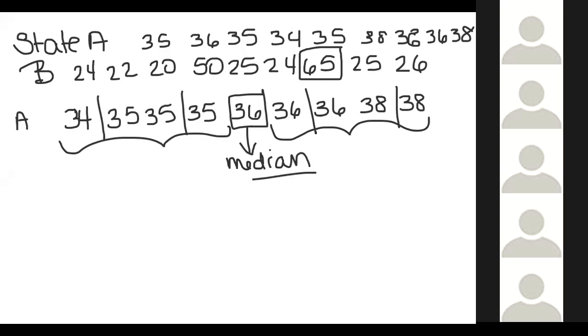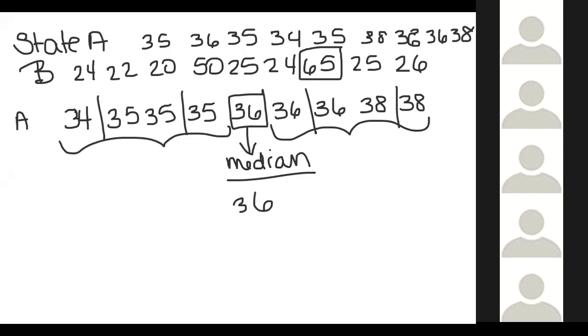I always taught kids, think of the median in the road, how it's down the middle of the road, like 19 has that median in the middle. Then you have the lanes on the left and the right. So that helped. That's your median, 36.